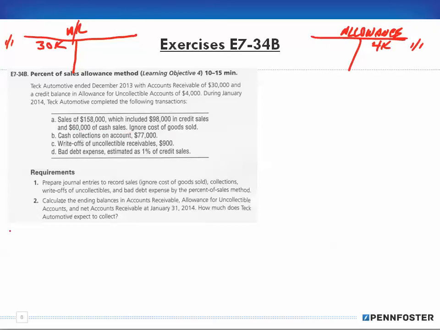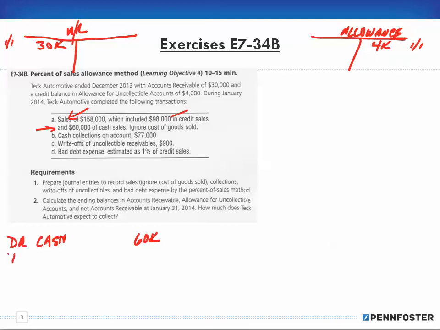So my journal entry, when I'm looking at that, am I affecting cash? Yes. I'm collecting $60,000 in cash. So I'm going to debit my cash for $60,000. In this case, I have sales of $158,000, which include $98,000 in credit sales.